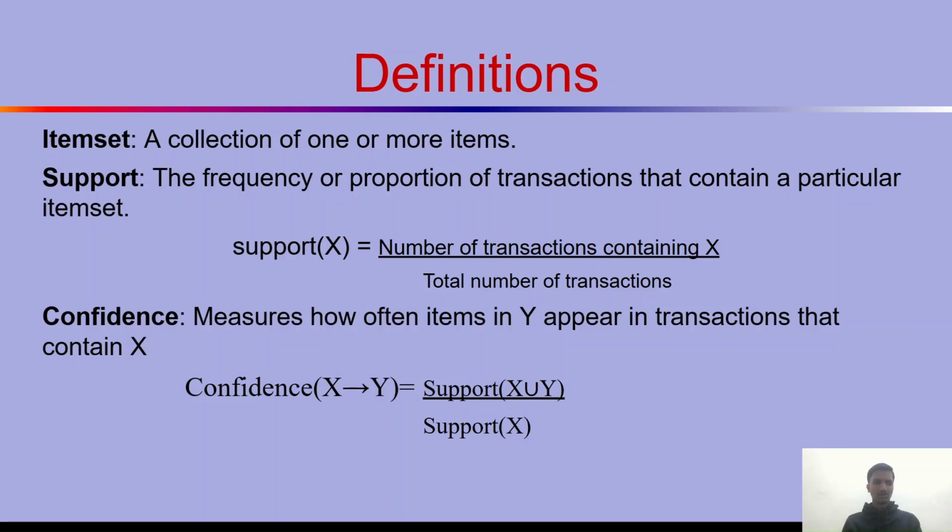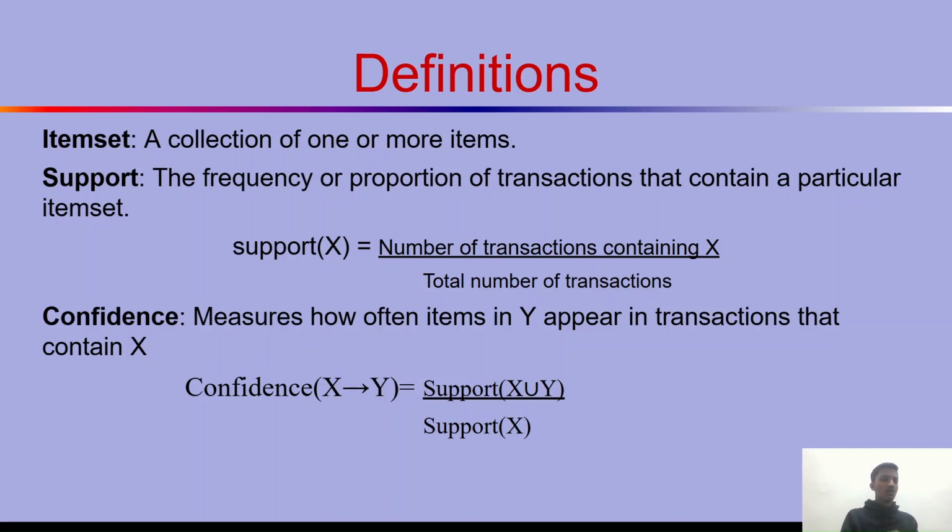And support is how many times a particular item occurred in all the transactions, that is the number of transactions containing x divided by the total number of transactions.